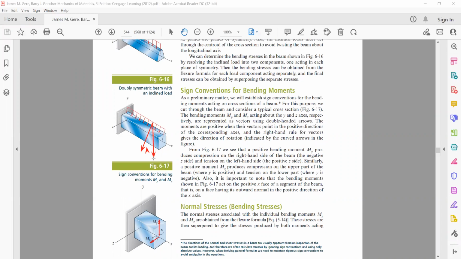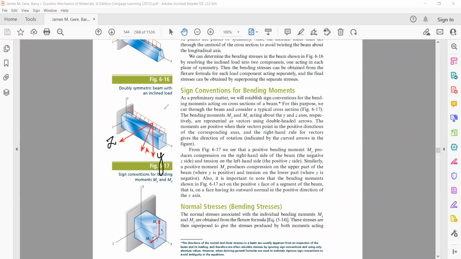One component is in the downward direction and another component will be in this direction. If you look at the bottom component, this is the component acting along the negative y-axis, parallel to the y-axis, and this component is along the z-axis, isn't it? Are you getting me or not?